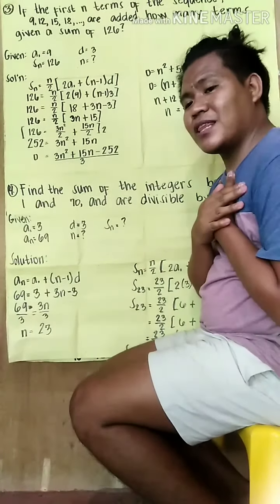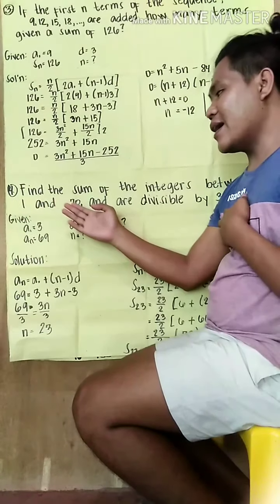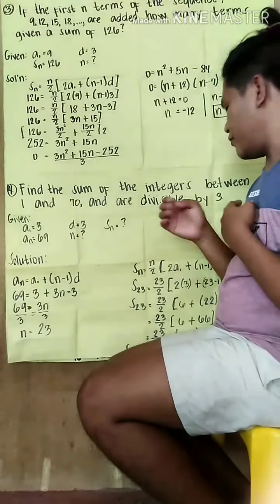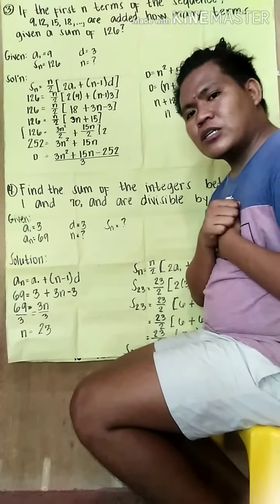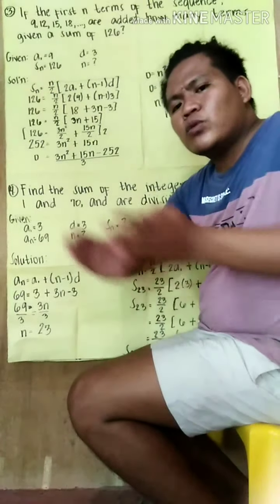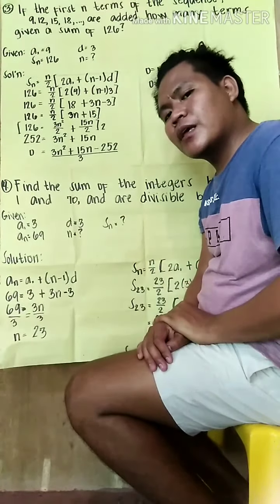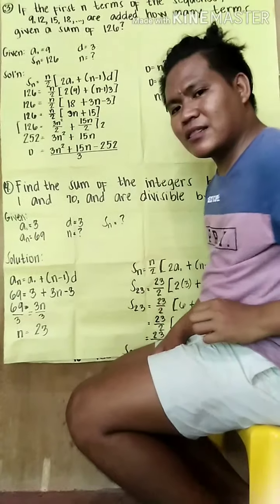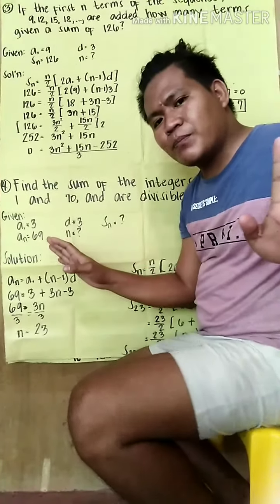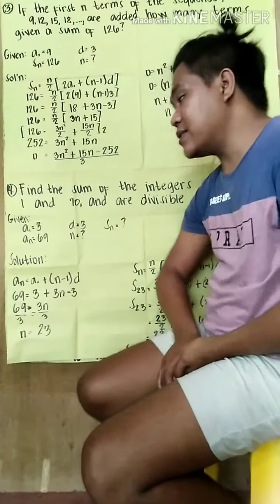Okay, for the fourth example: find the sum of the integers between 1 and 70 that are divisible by 3. So we will get all the numbers between 1 and 70 that are divisible by 3. Since 1 and 70 are not divisible by 3, we will just omit 1 and 70.